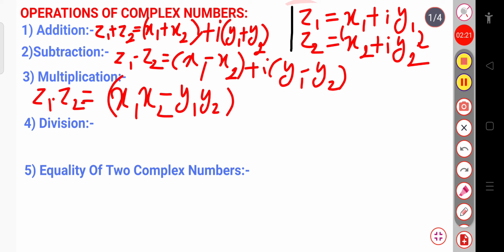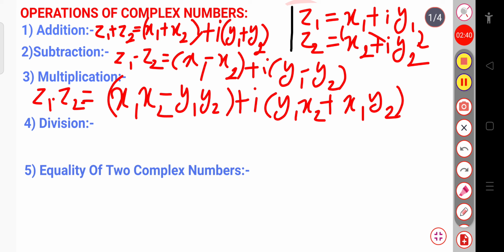Again for the imaginary part, plus iota, you can see that when iota multiplies, this will be iota times y1 into x2 plus x1 into y2. So, this is for the multiplication.